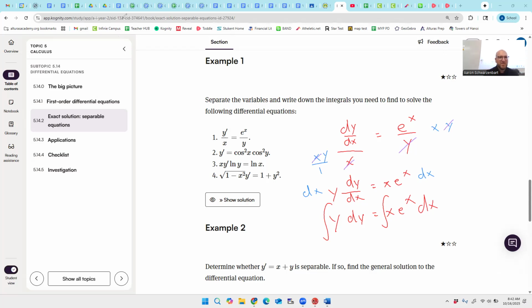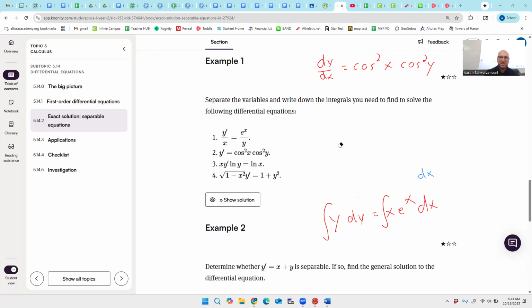Okay, I'll write the next one up above. dy/dx equals cosine squared x times cosine squared y. We're not integrating these yet. I just wrote the new problem while I was waiting for people to finish. So I will multiply both sides by dx, and are you okay with me writing this out in one step?